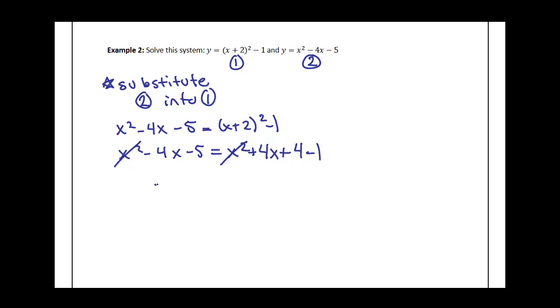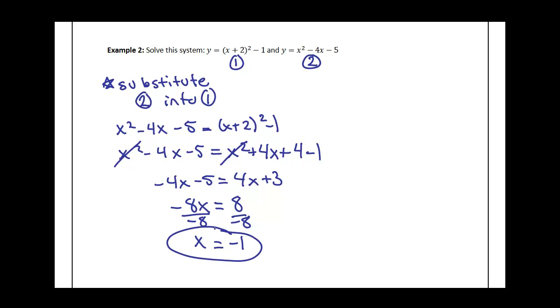And then we're going to have negative 4x minus 5 equals 4x plus 3. Solving for x, we get negative 8x equals 8. And hence dividing by negative 8 on both sides, x equals negative 1.